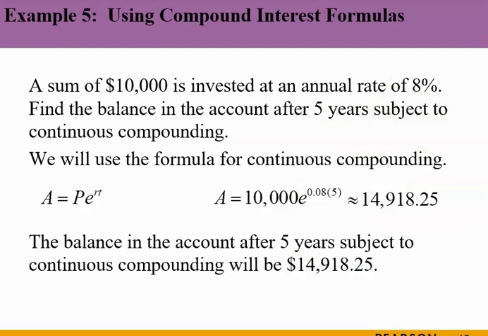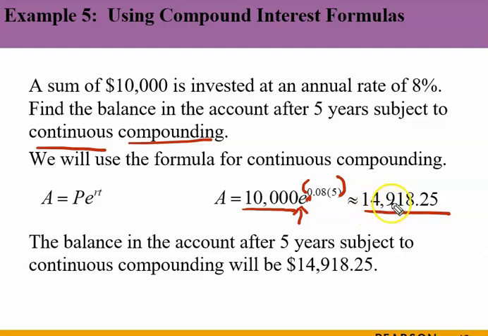Now, for our last slide, example 5, we're going to invest this, but it's subject to continuous compounding interest. Okay, so there's our different formula. Our principal is the same, but now we're using Euler's e. And again, caret, can put this in parentheses, 0.08 times 5 in a parenthesis. Hit enter, and you get this. Now, notice what we had in the previous slide, and we'll compare it.